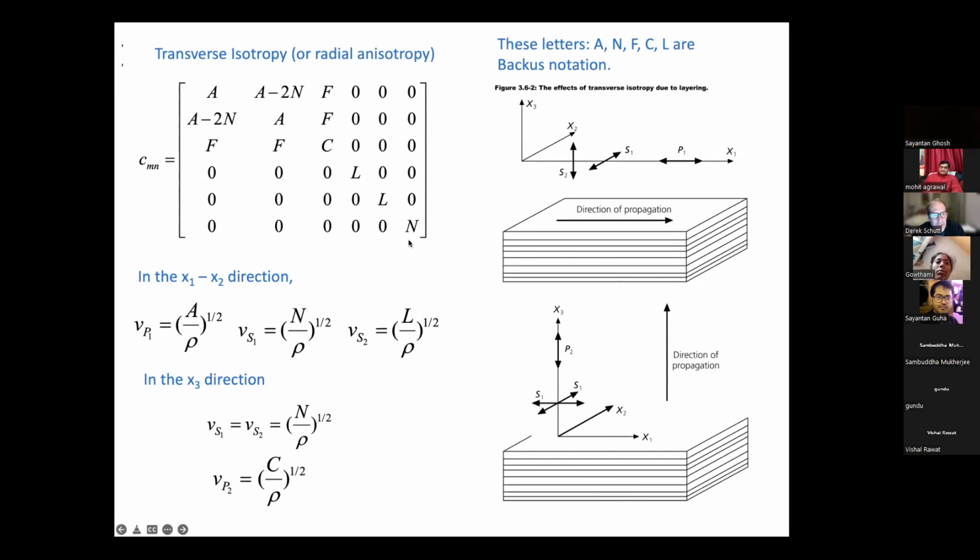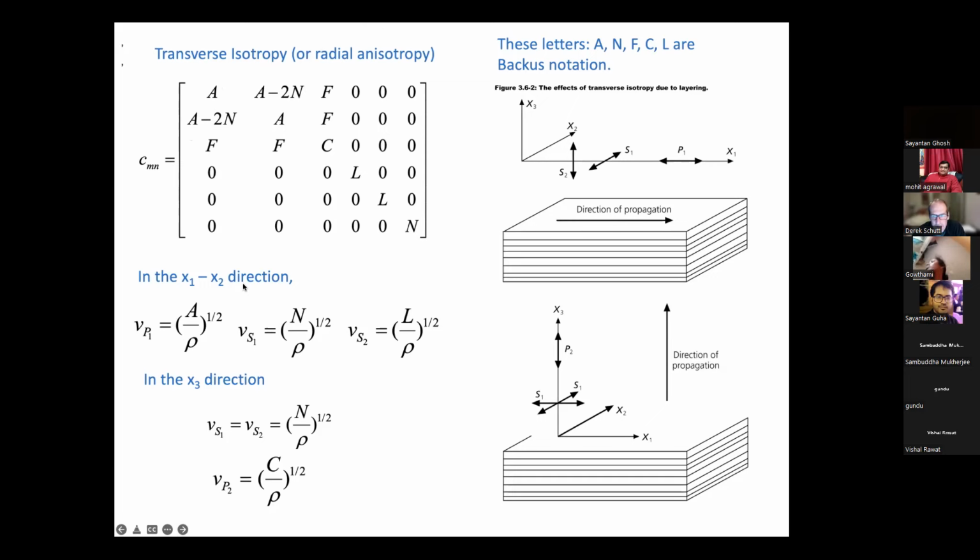And the Voigt matrix for that is given up here. And you can see there are a few parameters, A, N, F, L, and C. So these 5 parameters explain the simplest case of anisotropy or transverse isotropy.